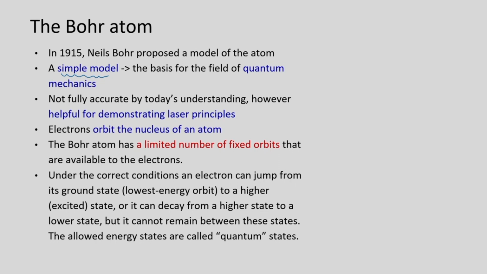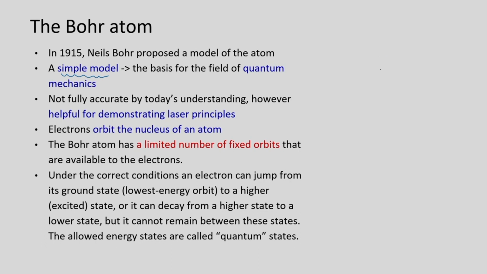Afterwards, Rutherford's model came for the explanation of atoms, but for demonstrating the laser principles, Bohr's model can be used. So, what does this Bohr's model suggest? Bohr's model states that there are electrons in an atom and these electrons are orbiting about the nucleus of that atom.